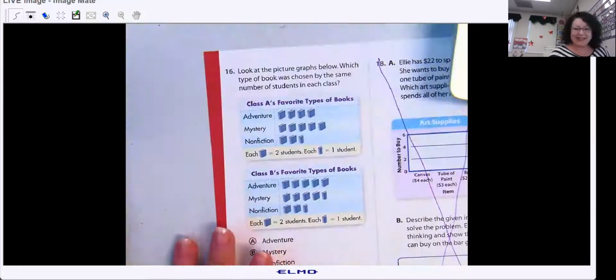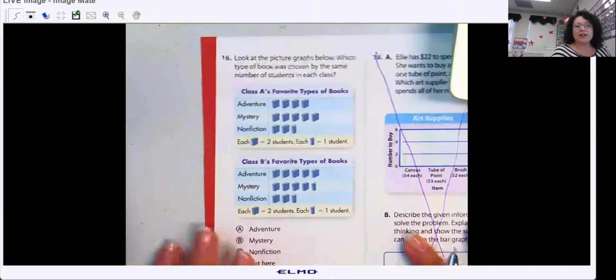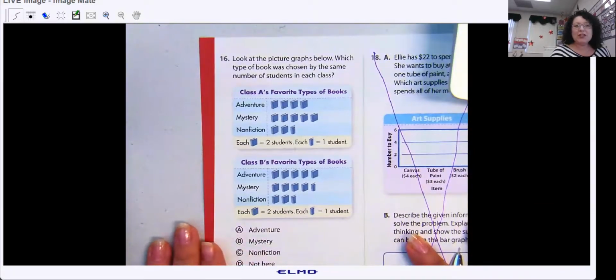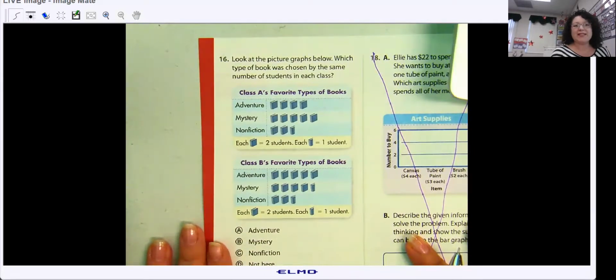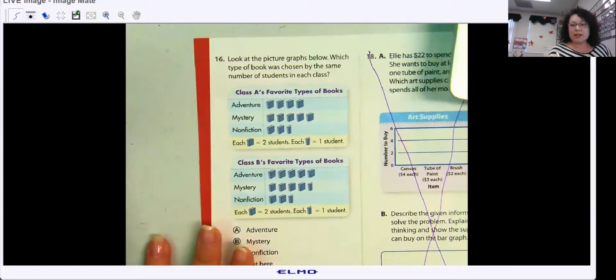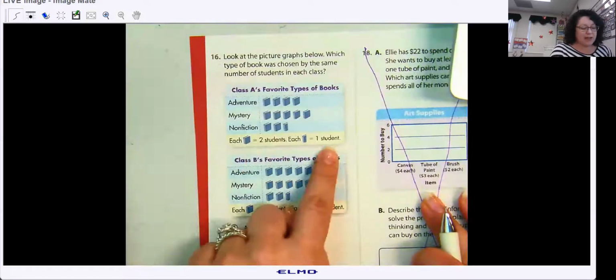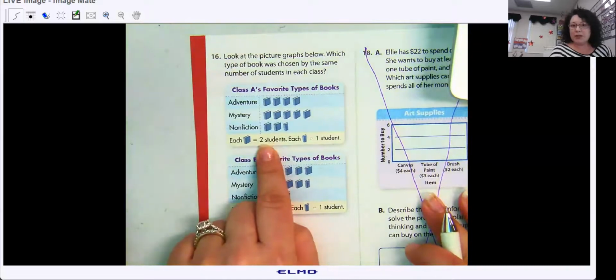Okay, almost done already. Look at the picture graphs below. Which type of book was chosen? I'm going to go ahead and mark down on my chart how many of each book. So if I look at my scale, a full book is worth 2.